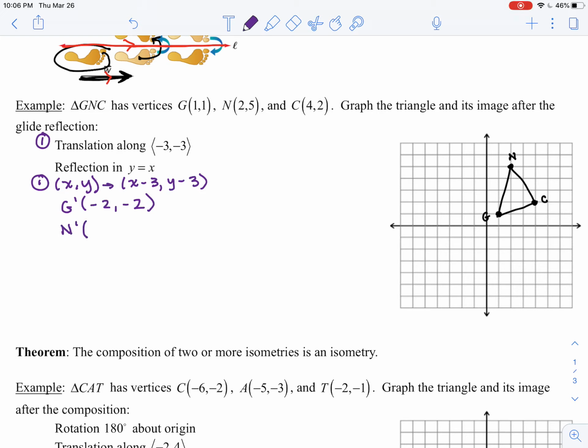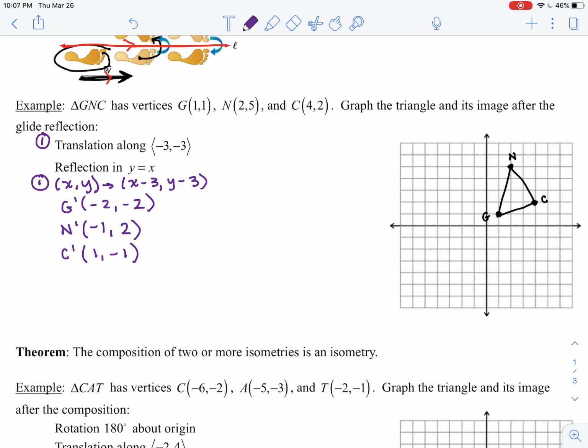When we subtract 3 from each of N's coordinates, N prime goes to (-1, 2). And when we subtract 3 from each of the coordinates for point C, C prime will end up at (1, -1). This is exactly what we did in a previous lesson.